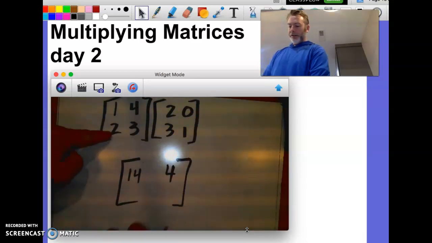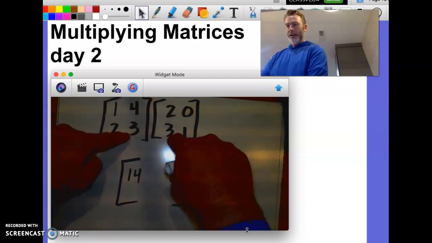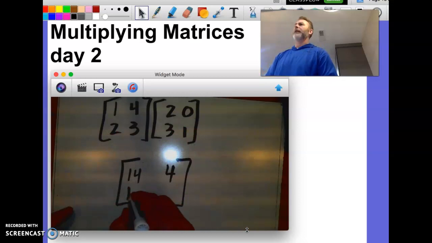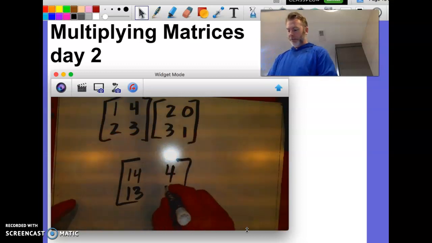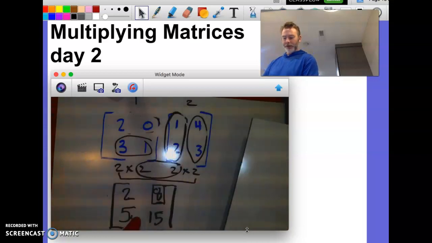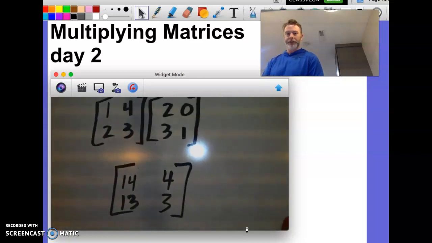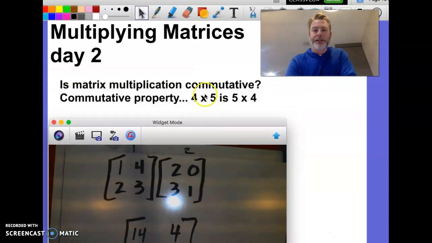Move down to here, second row, first column. 4, 9, that's 13. 0, 3. There you go. You can see that is not equal to this one: 2, 8, 5, and 15. They are different. So our essential question: matrix multiplication is not commutative. The order matters. There may be certain ones that are, but in general terms, order does matter and it's not commutative.